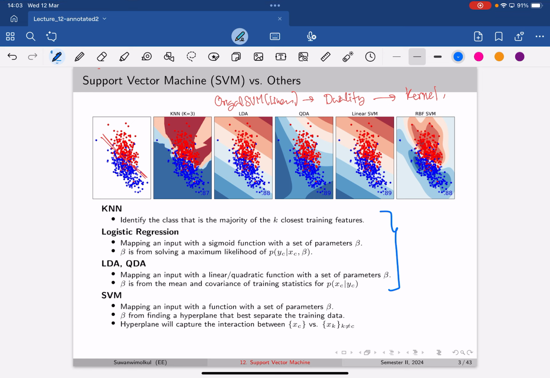For example, if your data distribution for two classes has different variance, QDA will be able to handle that. Meanwhile, LDA will struggle if your data distribution has different variance because it doesn't fit its assumption. Okay, that was LDA and QDA.